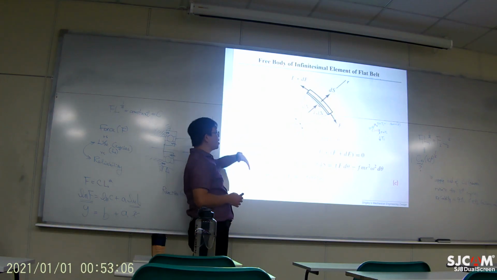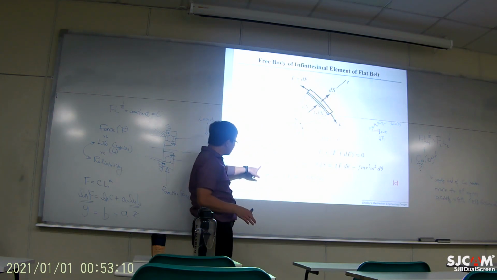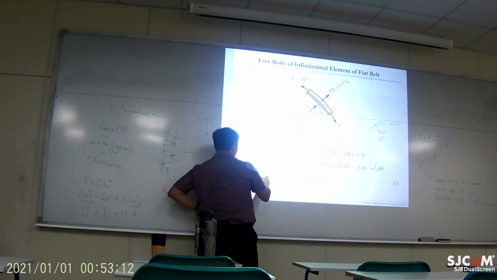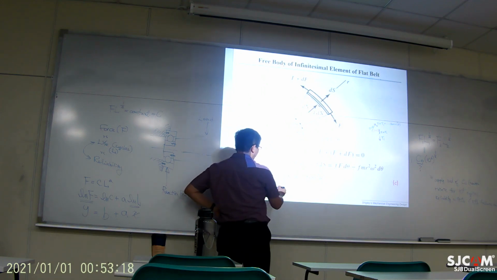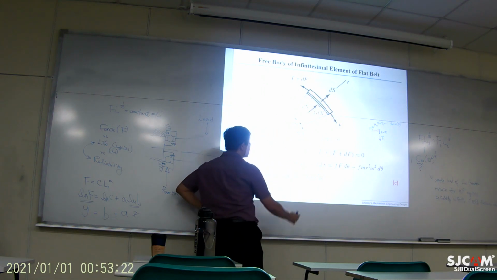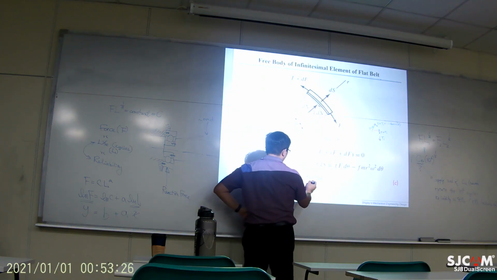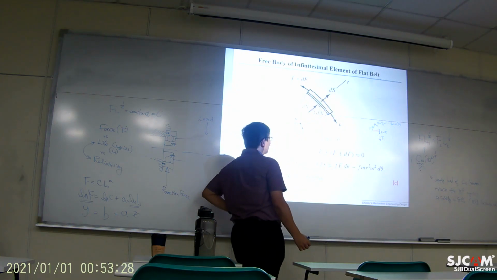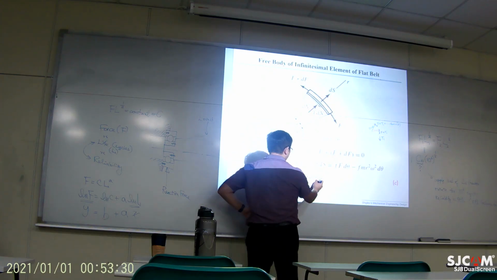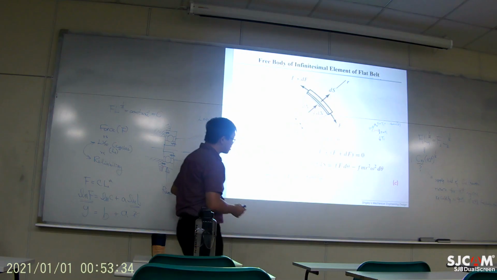Based on the derivation earlier, I'm not going through the detail, it ends up with the derivative of F with respect to theta minus friction coefficient times F equals some constant. This is the friction coefficient, this is the mass per length, this is the radius of the pulley, and this is the angular velocity.